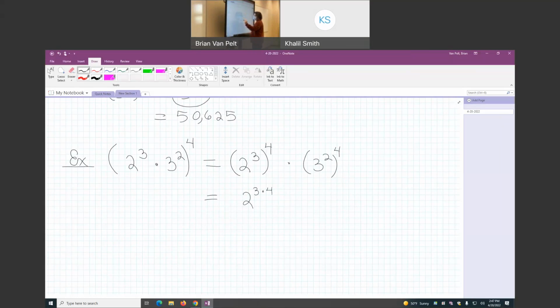This one would be 2 to the 12 times 3 to the 8. This rule has a name, I'll find it in a second, but if you take a number times another, raise it to a single power, you are permitted to break this up.